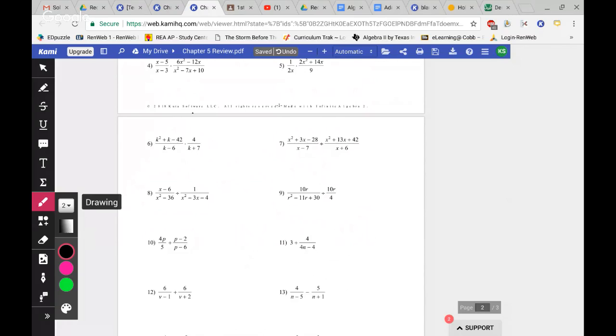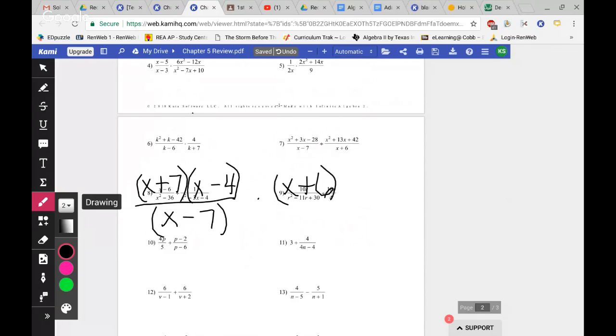And the top factors to be x plus 7, x minus 4, all over x minus 7, times, and then this is going to be on this side. I'm going to flip my fraction. It's going to be x plus 6 on the top. And the bottom is going to be x plus 6 times x plus 7.